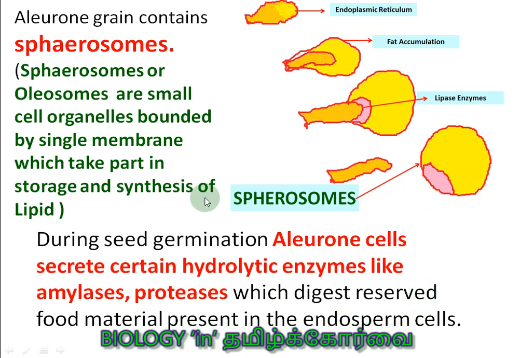So this is the purpose of the aleurone layer in cereals like barley and maize. They also consist of spherosomes, which consist of fat bodies, packed with lipase enzyme to digest fat, and formed from the endoplasmic reticulum. Spherosomes are otherwise called oleosomes also.